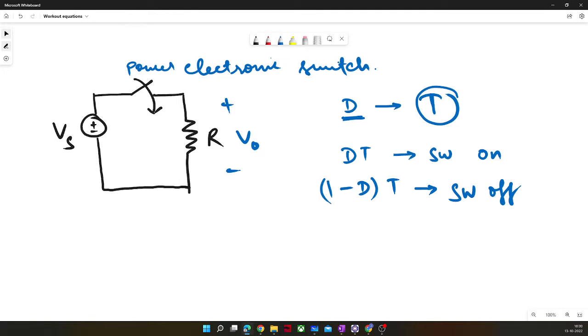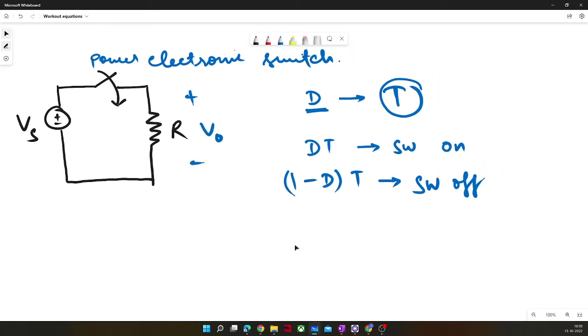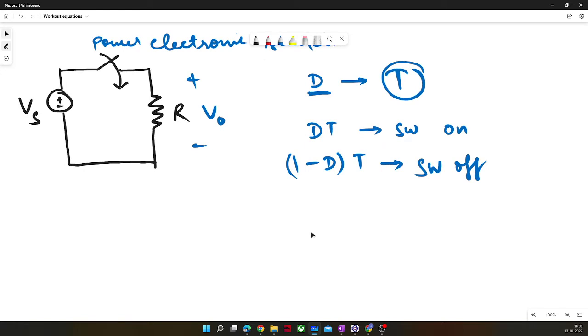Now, if I need to draw a waveform of V note, what would it look like? I will draw here. If you can see, this waveform is also common with the buck converter.